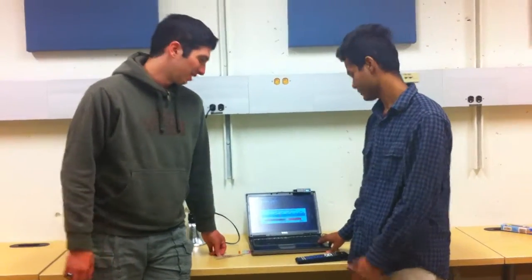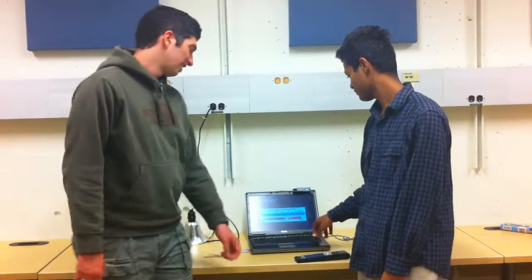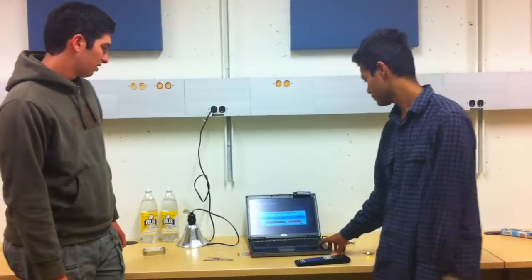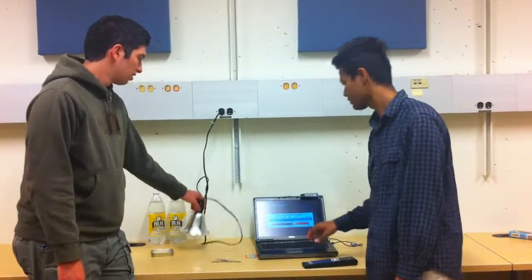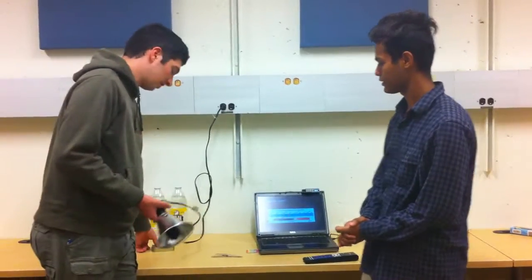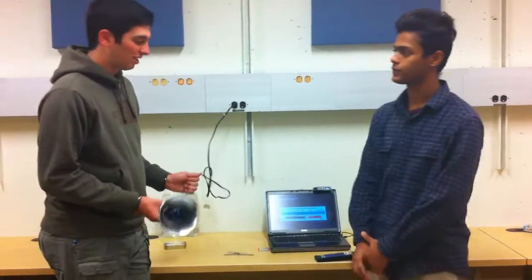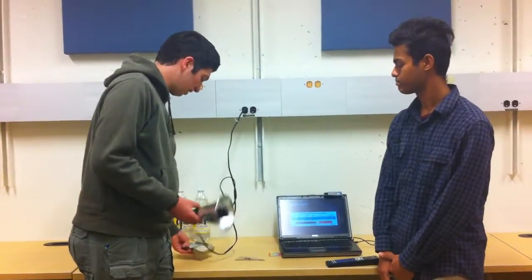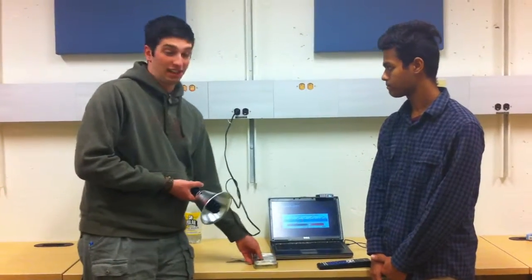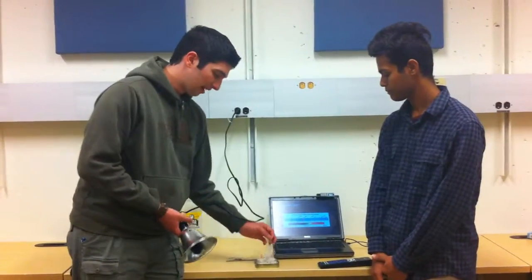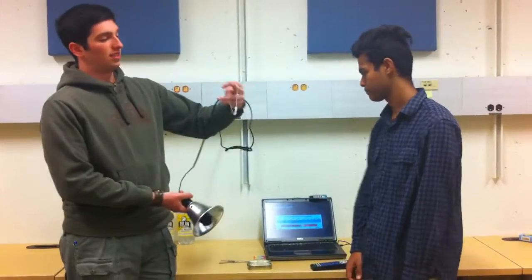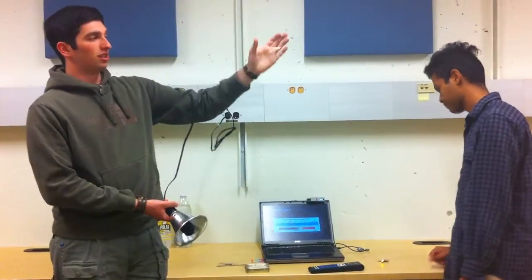The next invisible light that we're going to talk about is ultraviolet light. Ultraviolet light is everywhere too, most commonly found in sunlight. To show you that it does in fact exist, you see we have these two little beads here. Now in this normal light setting, they're clear.